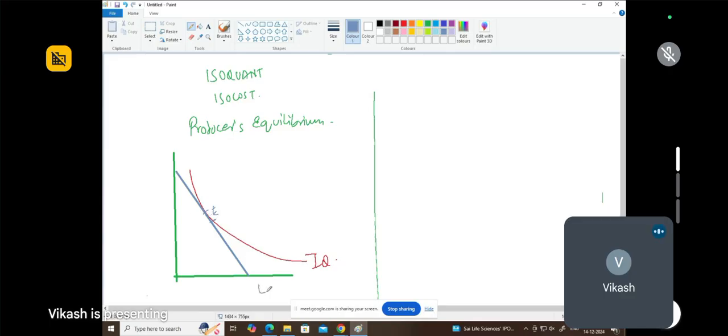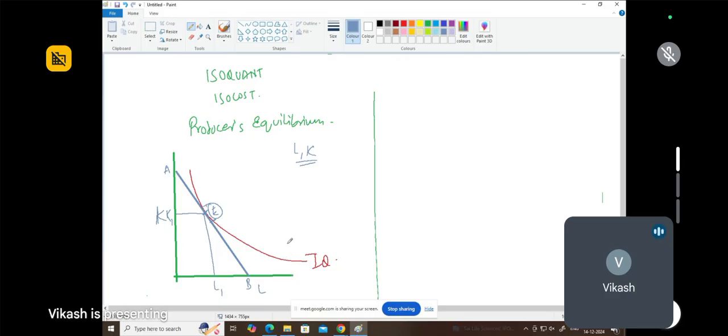If a producer needs to produce, at what level of labor and capital should they be used to maximize production? That is the question where isoquant and isocost give us answers. This is isocost AB and this is the isoquant. This is the point of equilibrium. It gives us the answer that the producer should use K1 level of capital and L1 level of labor to maximize production.